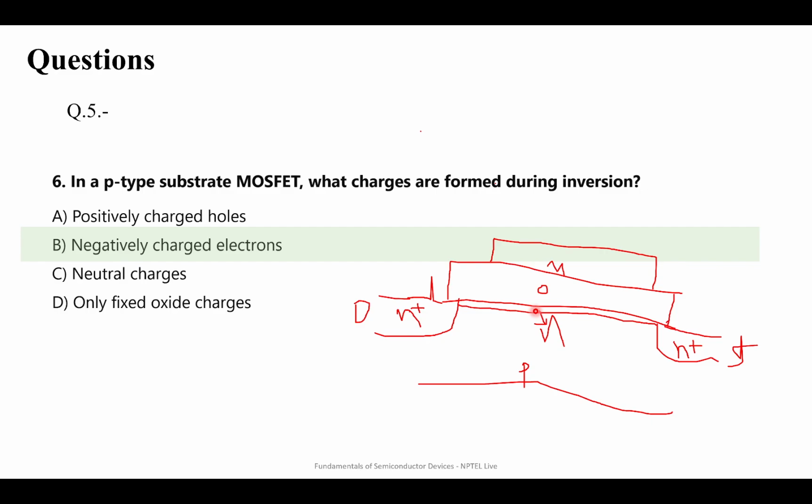In strong inversion, the inversion layer is fixed at 2 phi f. Even if you increase the gate voltage further, it won't increase the charge density in the inversion region. Okay, sir.